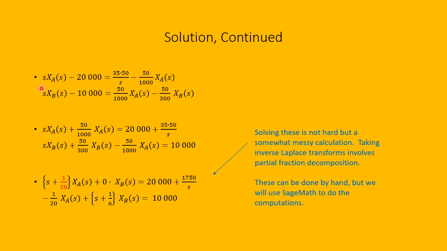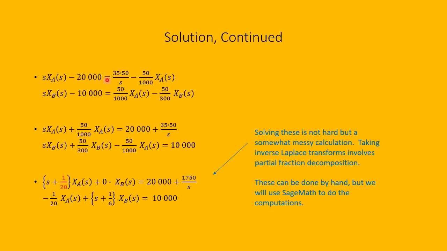Okay, so here are the two equations that we saw on the previous slide. So let's see, what are we going to do? Starting with this equation up here, I'm going to add 50 over 1,000 X sub A of S to both sides of the equation. And I'm also going to add 20,000 to both sides of the equation to move it over here.